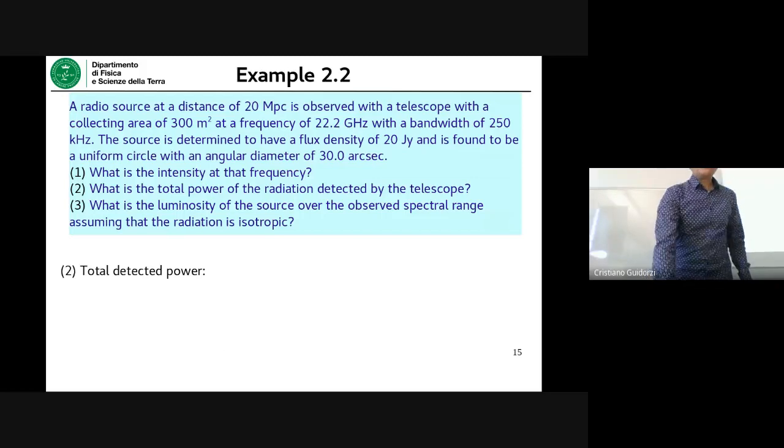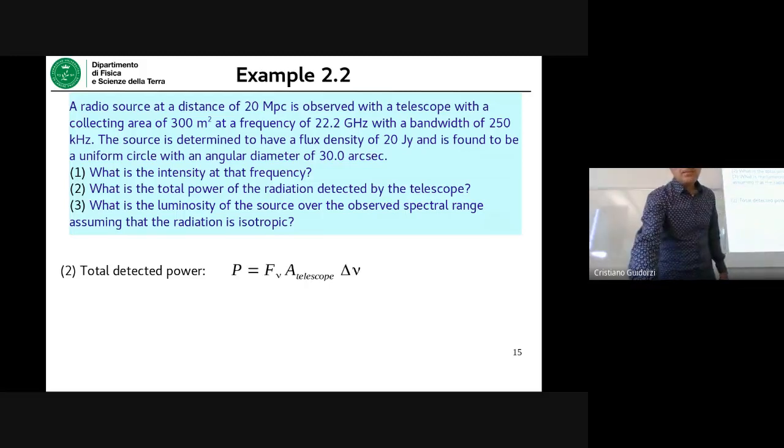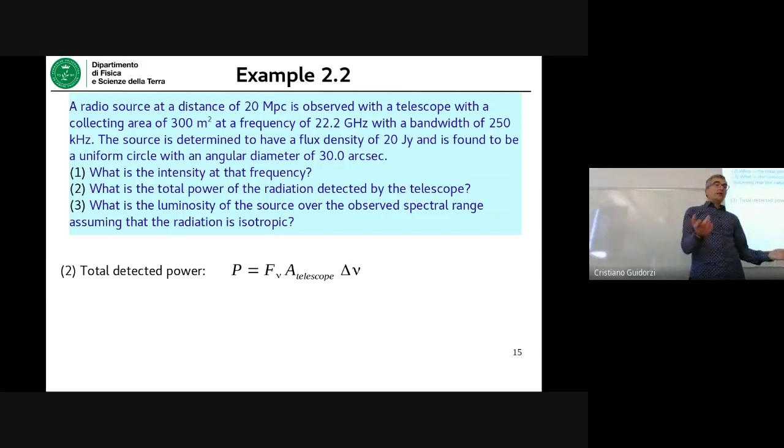Second question, what is the total power of the radiation detected by the telescope? Well, the total power has to do with, of course, the collecting area. And in particular, what is that? Well, you want the total, you want power, so energy per unit time.